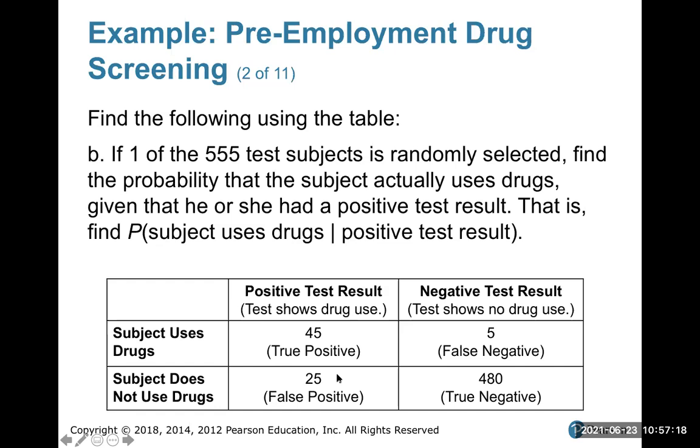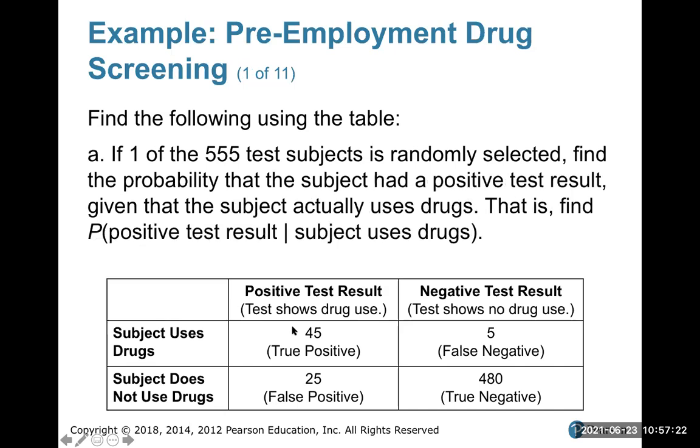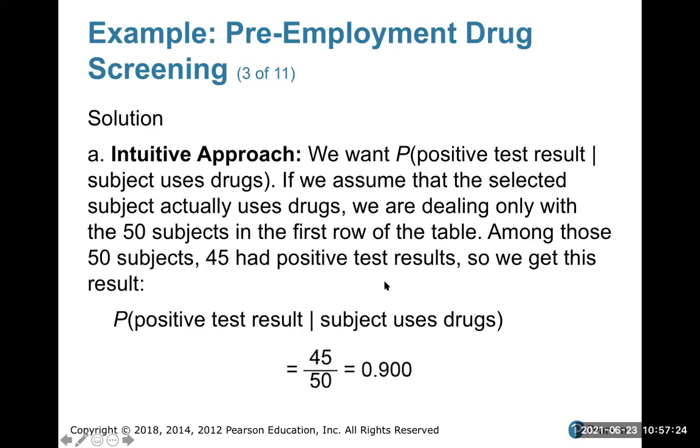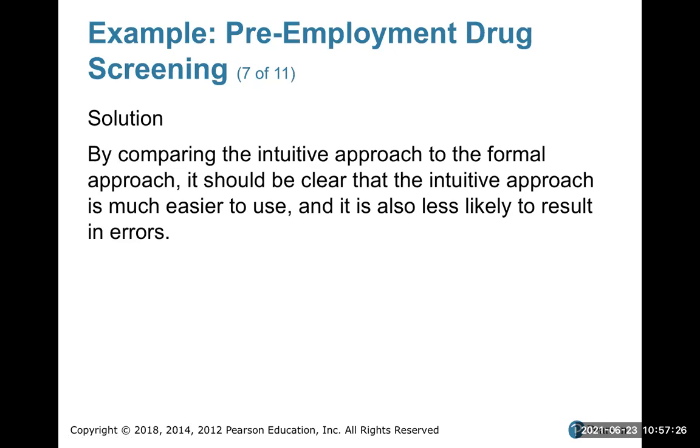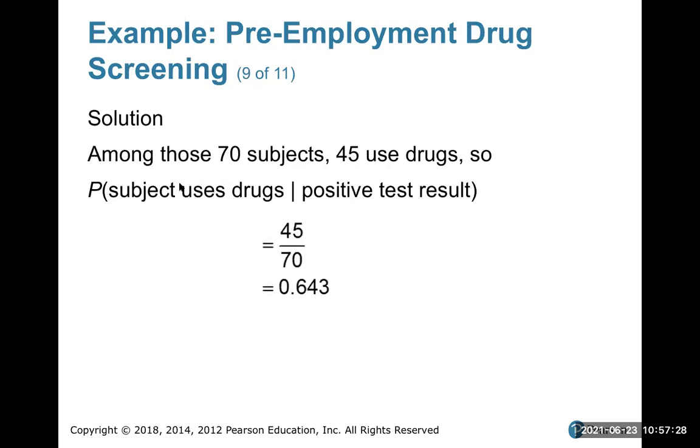Given positive test result, the subject uses drugs. So it's 45 out of 70. There are 70 of them with a positive test result, and 45 of them are those who are using the drug. So that's why.